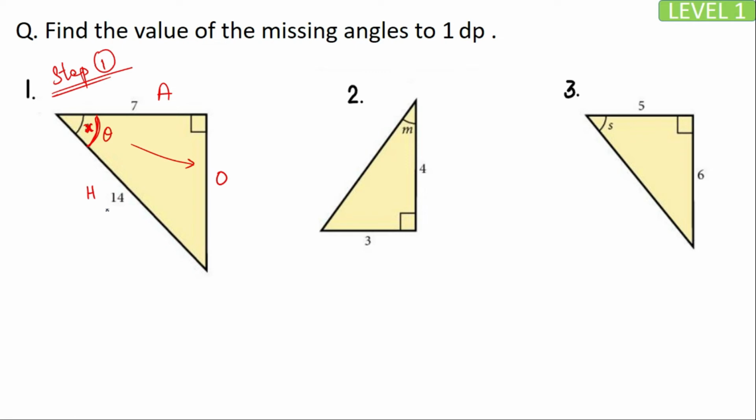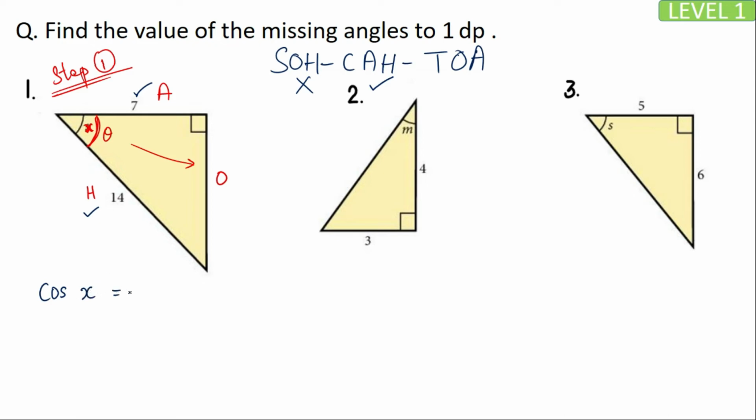Now I have H, I have the value for A. So A and H, so from SOHCAHTOA, let me write SOHCAHTOA here. I have A and H. So which ratio is connecting A and H? O and H? No, A and H. So I'm going to use cos x, because my theta is x here.